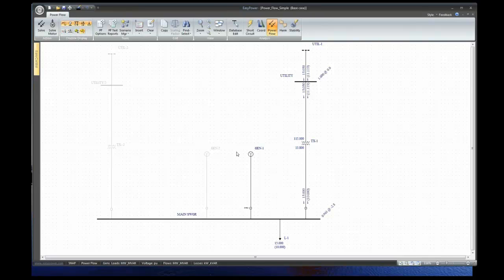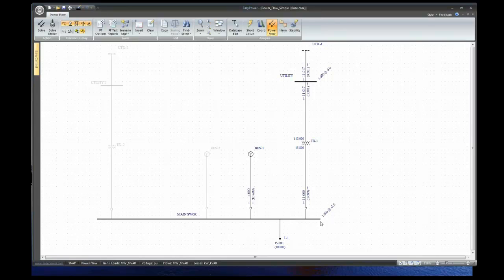So when I put the generator on, it's saying, hey, I've got to get this voltage up to 1 per unit because that's what you told me you wanted. The only way I can do that is to overexcite the generator and pump a lot of VARs in. So that's what it does, and that's where I get the 10 megavars. It's because of my requirement to maintain this 1 per unit voltage.